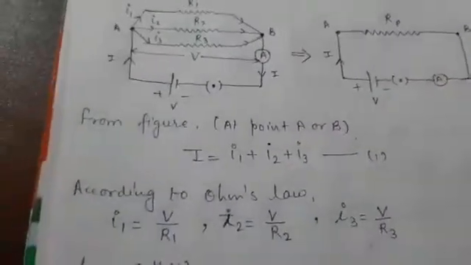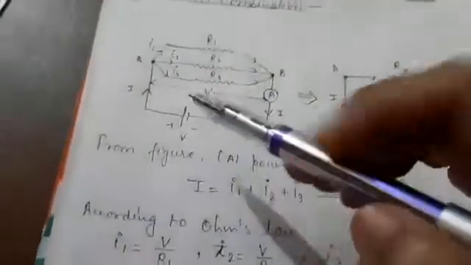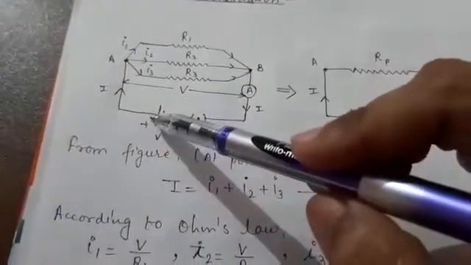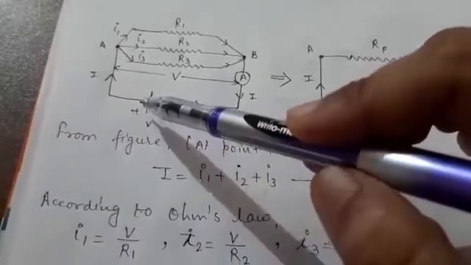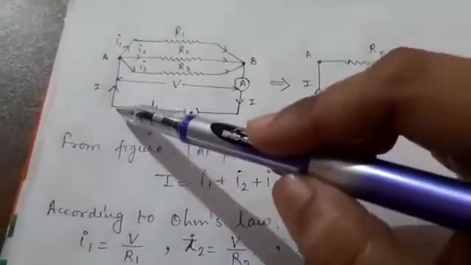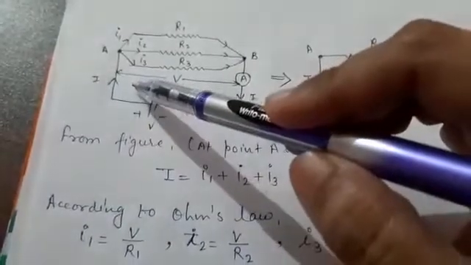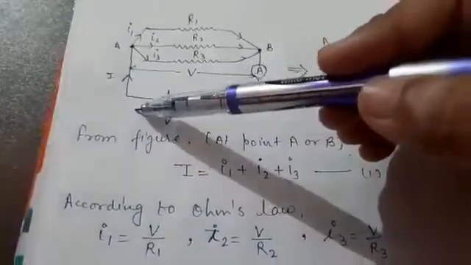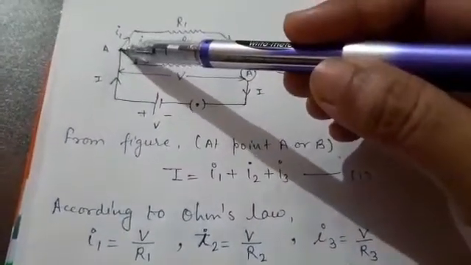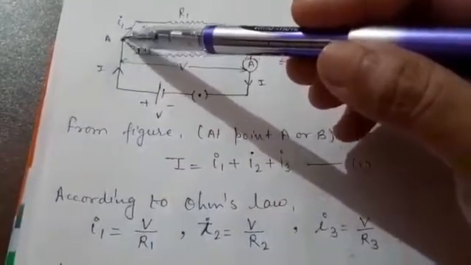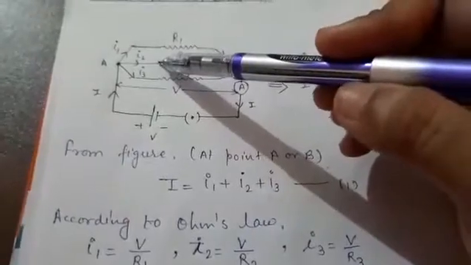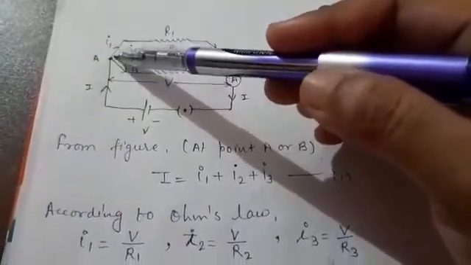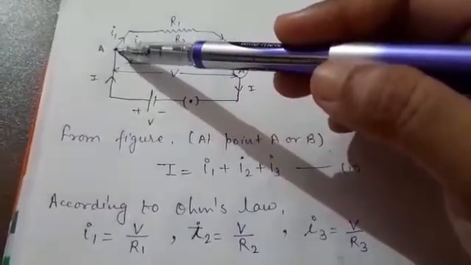Okay. So here in series combination there will be no extra path for the flow of current, but in this, when current starts flowing from positive terminal of battery and it reaches at point A, there will be 3 paths. Such type of points are called junction.